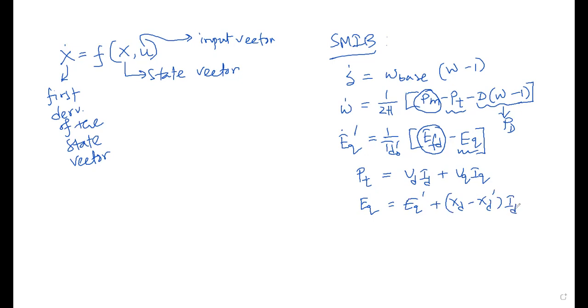And of course, we went further to express ID, IQ, as well as VD and VQ in terms of state variables, because ID, IQ, VD, VQ still were not in the form of state variables. So we also had some expressions for this, like VD was XQ IQ and VQ was EQ prime minus XD prime ID.